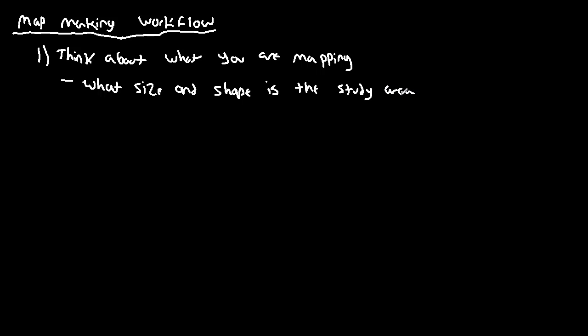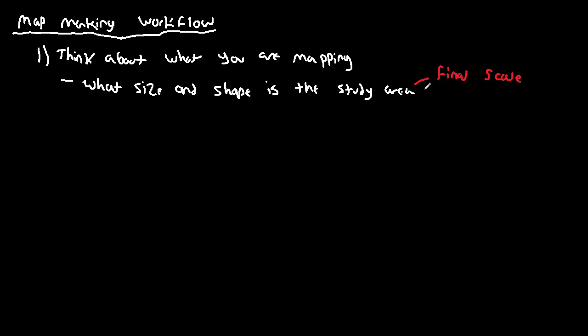Because this is going to influence things like, for example, if we're mapping a large area on a relatively small physical map, that's going to impact the potential scale that we can use. The shape is going to impact whether we choose a landscape or a portrait. So this implies scale. This is going to impact the final scale. That relationship between the size of objects on the map and the size of objects in the real world is going to be driven by the size of the study area relative to the size of the final map that we can make.